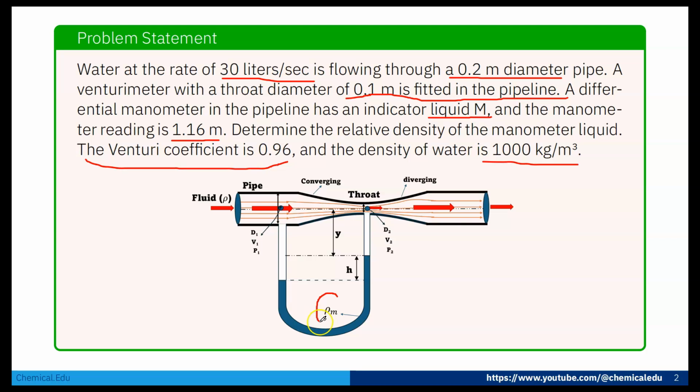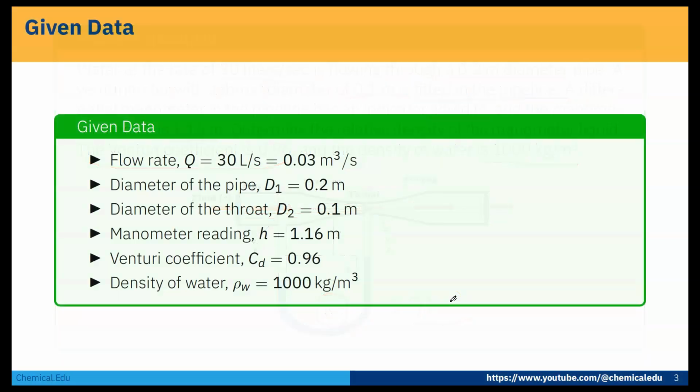So now we have to find out what will be rho m. That is our objective. Now what are the data given? Flow rate is given, Q is equal to 30 liters per second, that is nothing but 0.03 meter cube per second. Diameter of the pipe D1 is 0.2 meter. Diameter of throat D2 is 0.1 meter.